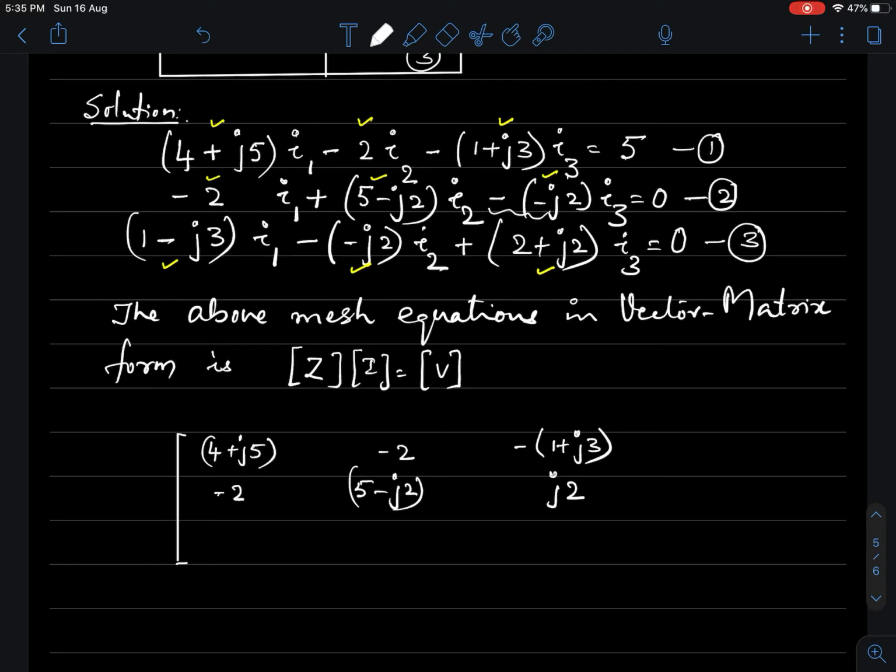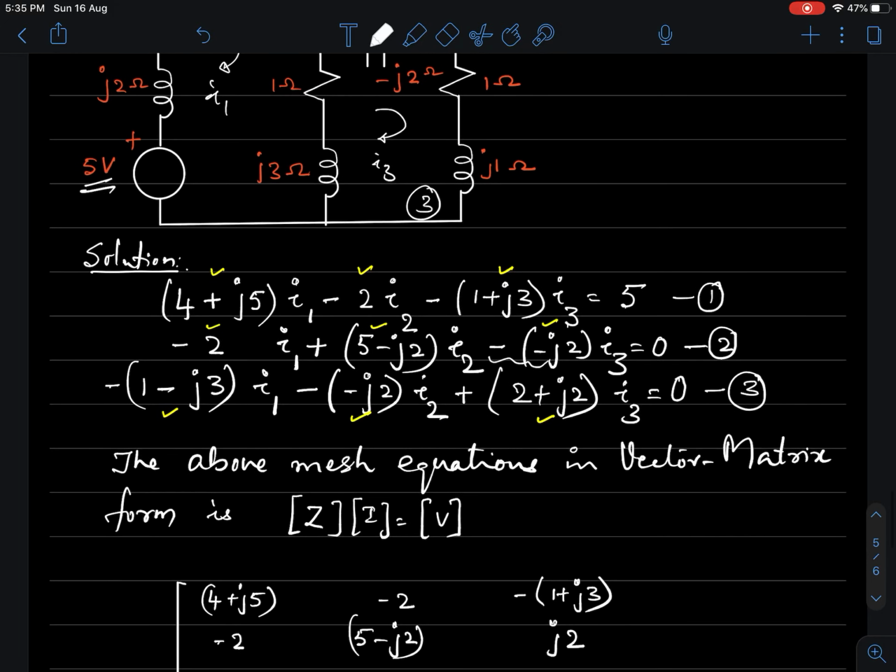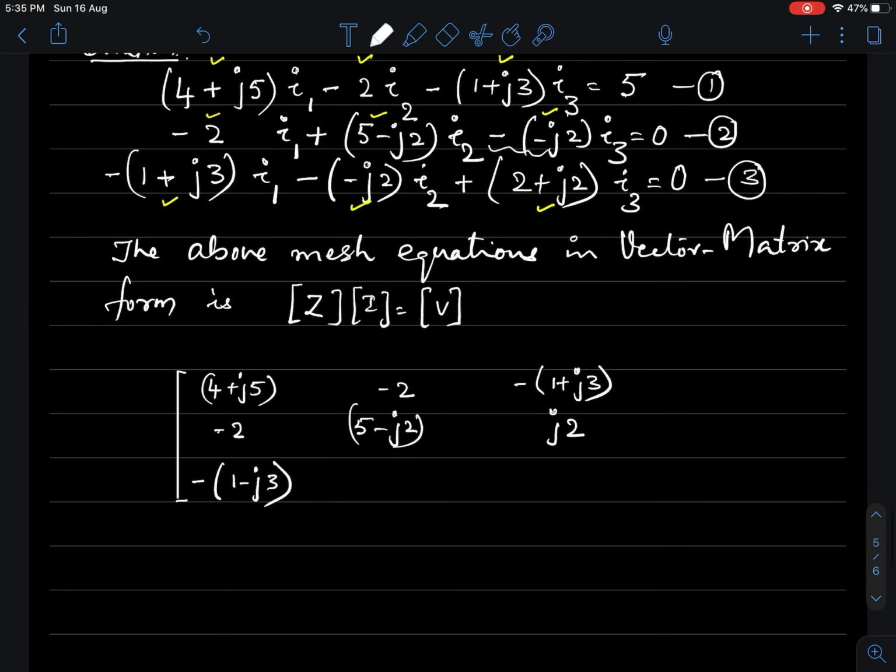Here again, sorry, this is minus (1 plus J3), and this is J2, this is 2 plus J2. A complex number is preferably included within brackets. It's a good practice to put the complex number within parentheses.